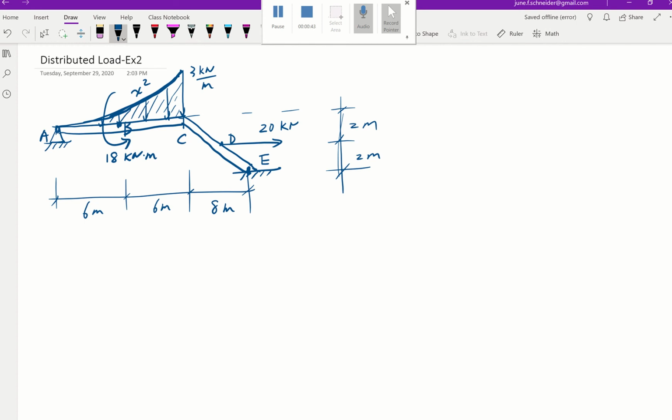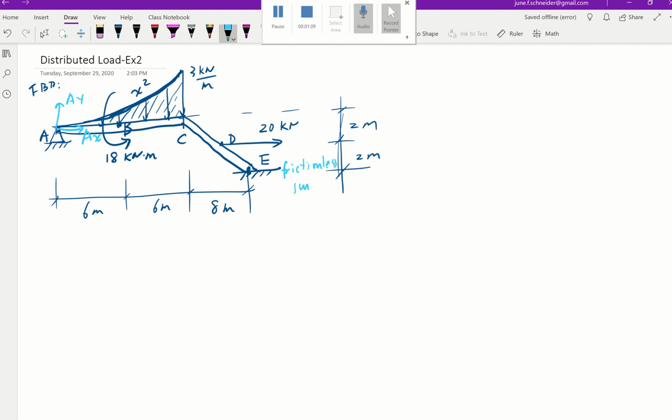All right, in order to do that, I'm going to draw my new FBD on top of this original one. A is a pin support, so what do we have? We'll have AX and AY. For B, here I'm going to particularly mention it. This is going to be on a frictionless surface.